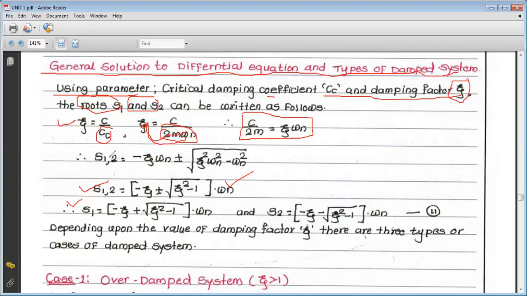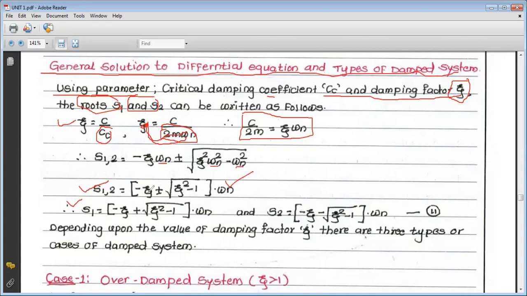Now what are the roots of your equation? S1,2 is equal to minus C upon 2m, that is minus zeta omega n plus or minus the square root of zeta square omega n square minus k by m. The value of k by m is omega n square, and omega n is common.